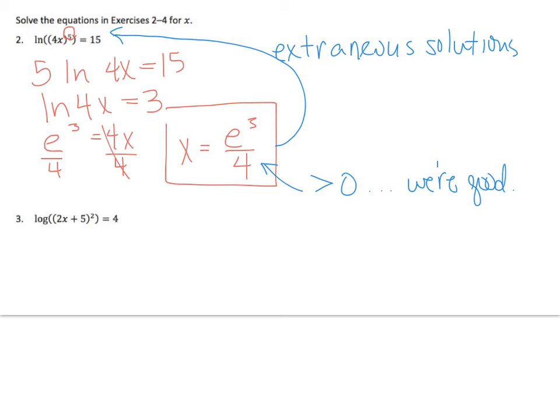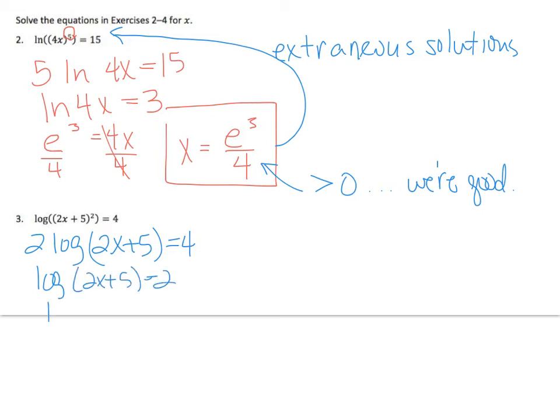I have a power again, so I'm going to plop that in front of the log. 2x plus 5 equals 4. Divide both sides by 2. Log base 10, 2x plus 5 equals 2. So 10 squared equals 2x plus 5.